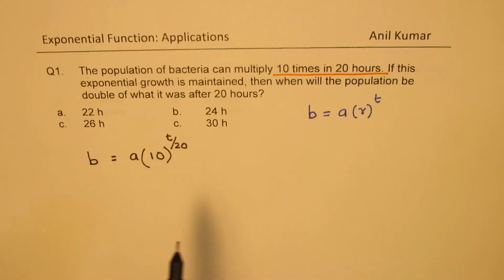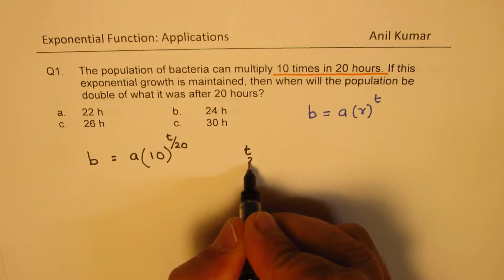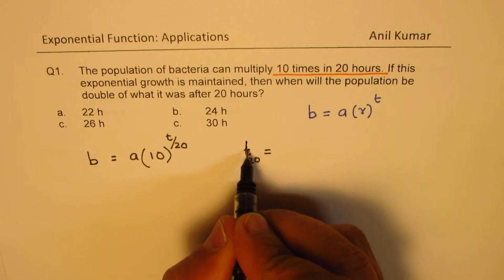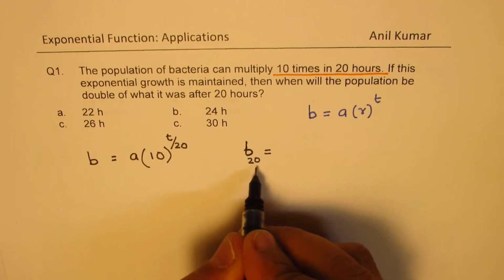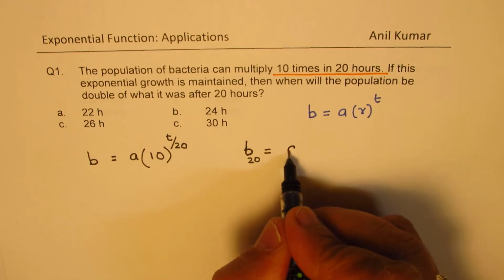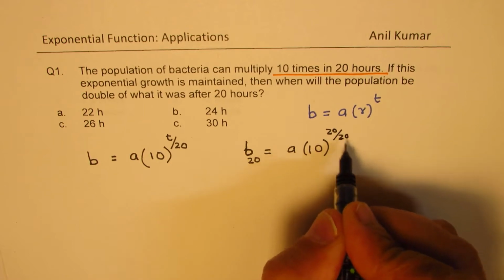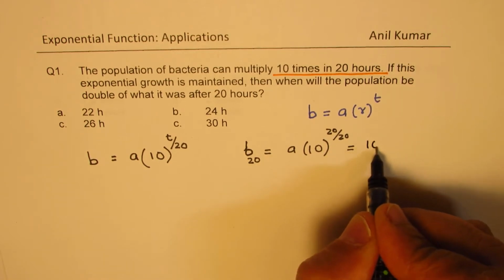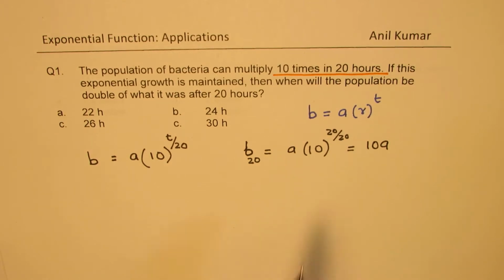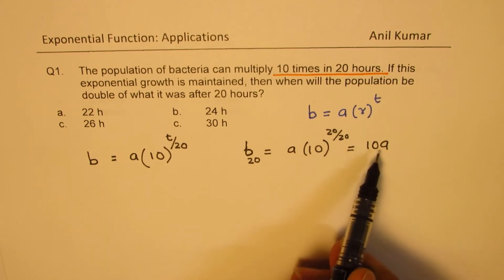So let us say the population after 20 hours, when T is 20, will be A times 10 to the power of 20 over 20, which is basically 10 times A. This is what is said already. Now, when will it be double this? That is what we want to know.